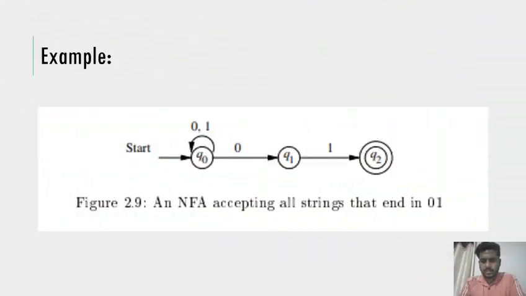Now let us consider an example to explain an NFA accepting all the strings that end in 01. The start state q0 can move on either 0 or 1, but the string must end with 01, as we can see in the figure.